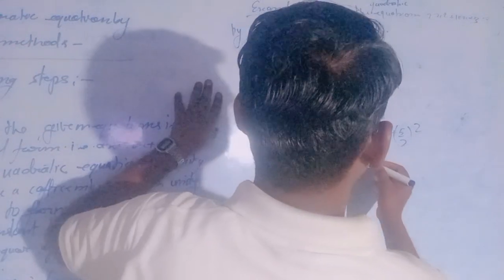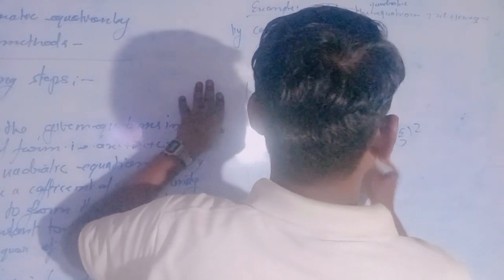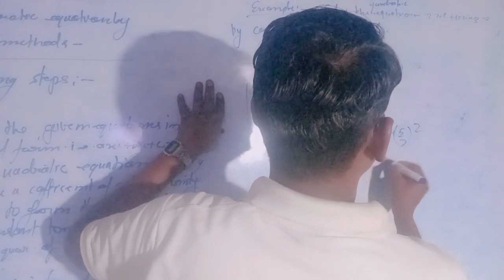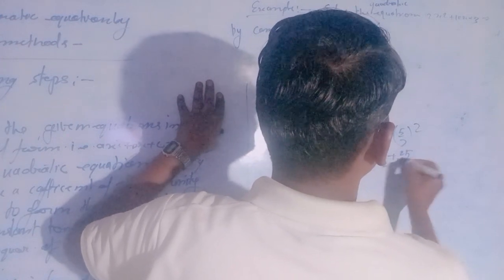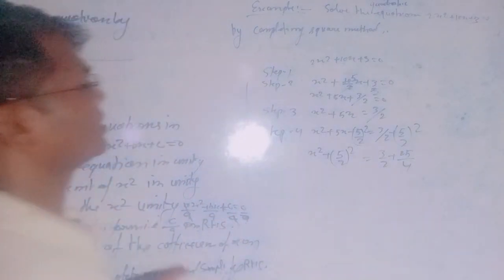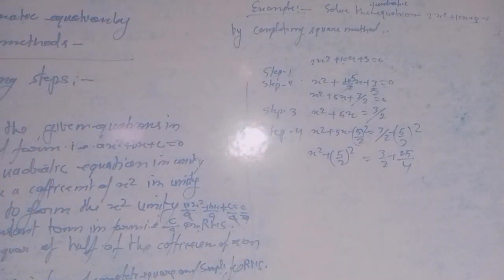Whole square is equal to 3 by 2 plus 25 by 4. What is 3 by 2 plus 25 by 4?